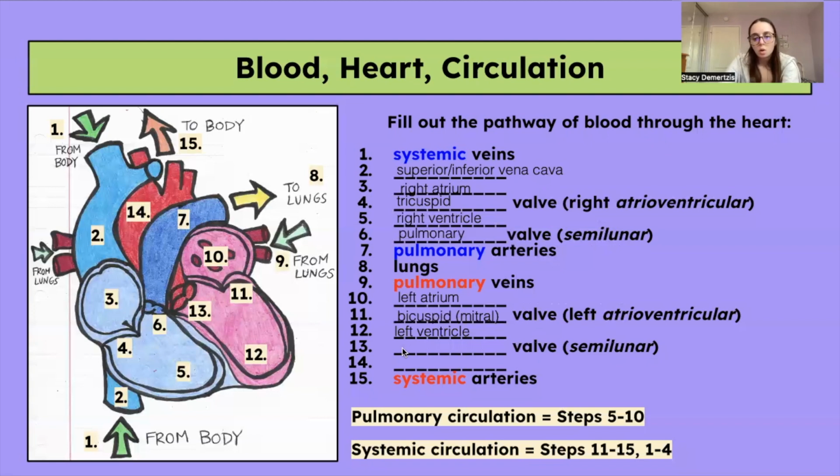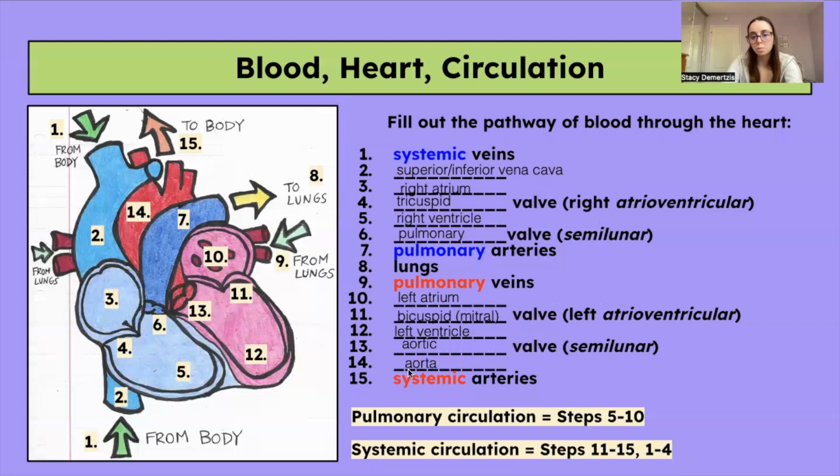So we're going to stumble upon another semilunar valve, but it's not the pulmonary valve because we're not going to the lungs. What do we call this valve? Yeah, the aortic valve, because it's connecting to this structure that is known as the largest systemic artery called the aorta.